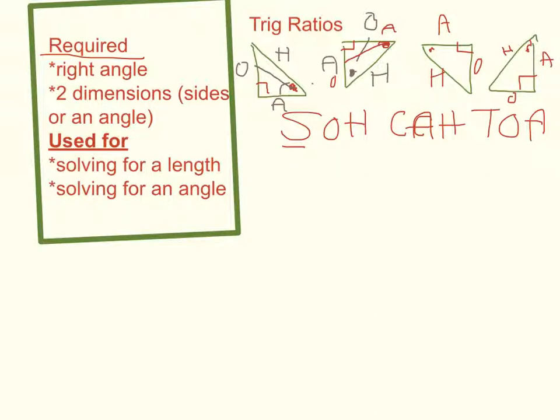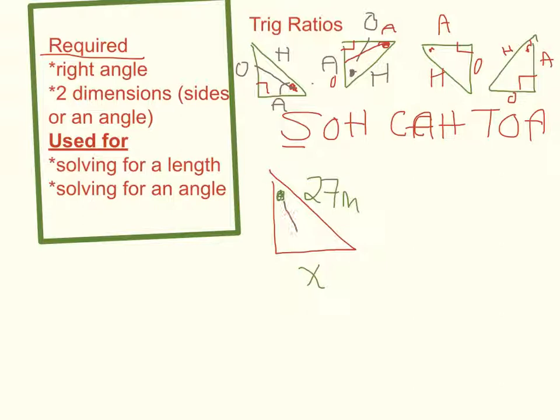So a quick review. If this is my angle, and I want to solve for this side, and let's say our hypotenuse is 27 meters, I'm first going to establish where is my unknown: is it my adjacent, hypotenuse, or opposite?